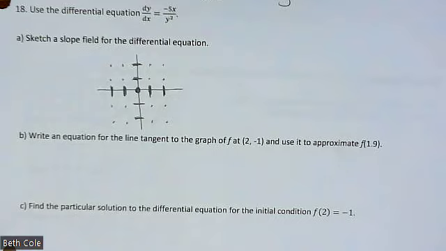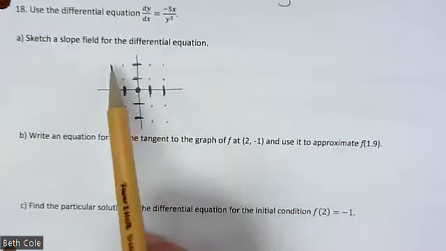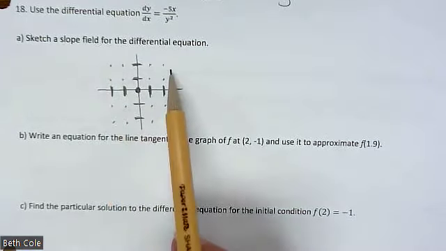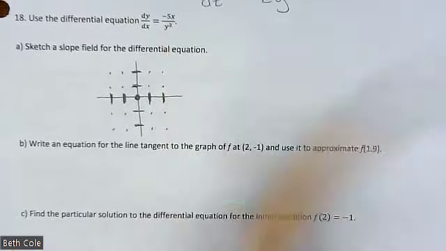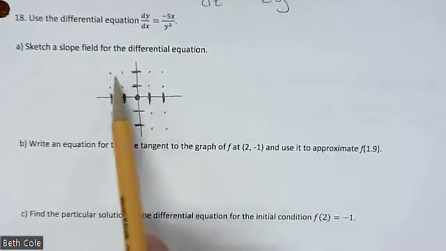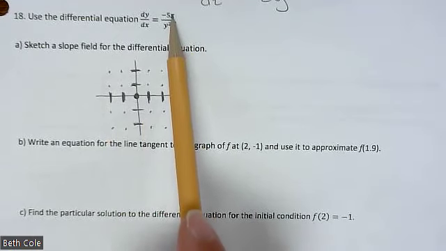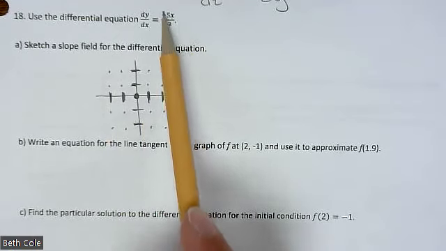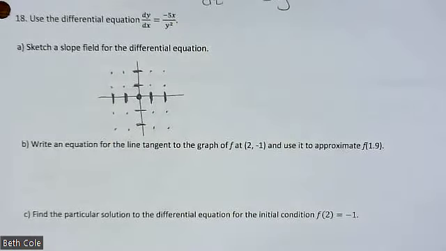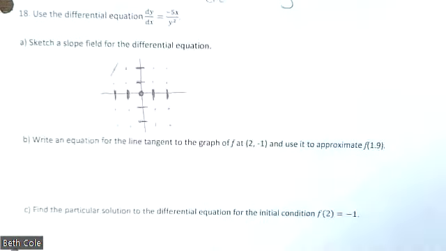So let's try and do the whole first row. For this whole first row, y is 2. That means our denominator would be 4. So try to hold that in your mind. For this entire first row, our denominator is 4. The first x value is negative 2. If you plug in negative 2 times negative 5, you get 10/4, like 2 and a little. So maybe like that.